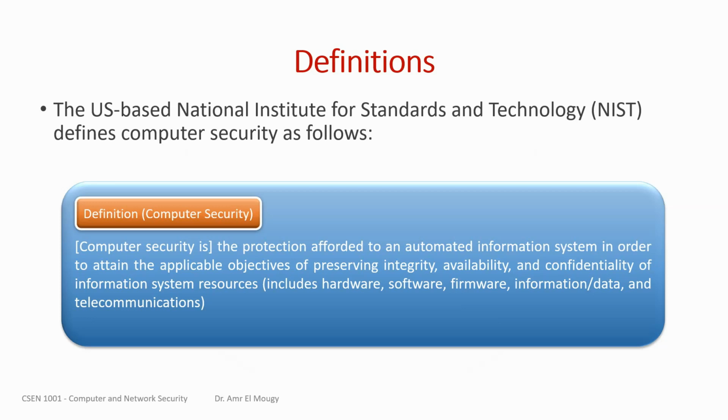First of all, computer security is protection. This is actually the first part. Security is the protection. What do you protect? You protect the information system resources. And you protect everything there. You protect the hardware, software, firmware, information and data, and telecommunications.